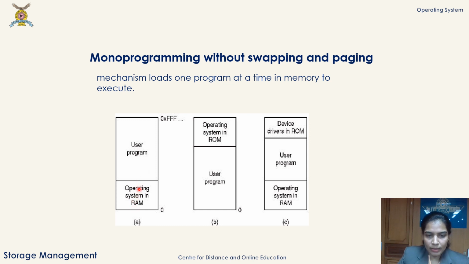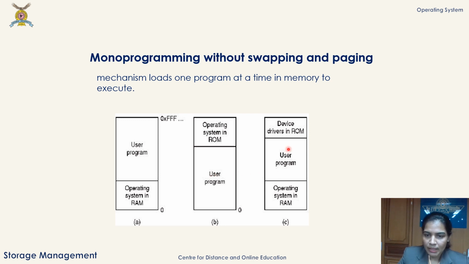On the lower side, the operating system is loaded in the memory. So this can be one scenario of how memory is occupied by the operating system and user program. In the second scenario, the operating system can occupy the upper part of the memory and the user program may be in the lower part.